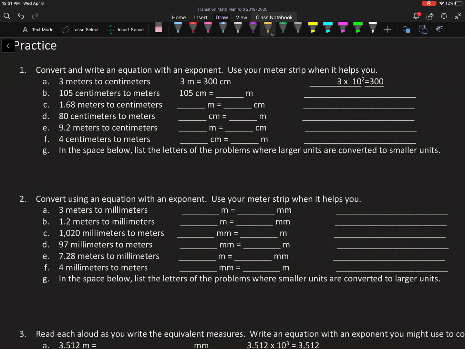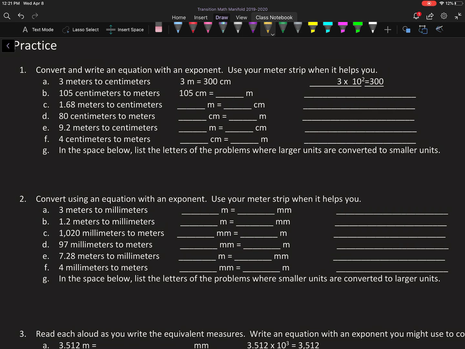So if I'm converting 105 centimeters to meters, the first one was done for us where we went from large to small, 3 meters to centimeters. In 3 meters, I have 300 centimeters, and that can be shown in an equation as 3 times 10 to the second power equals 300. So if I have 105 centimeters to meters, I'm actually going from small to big.